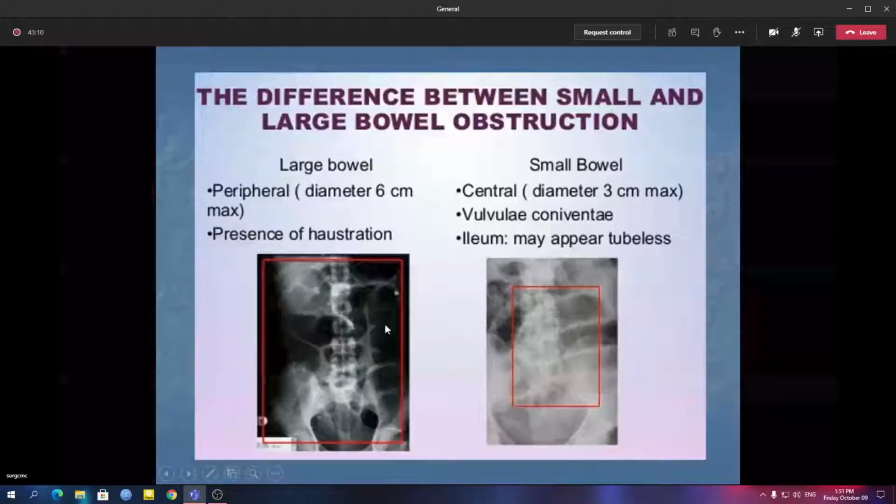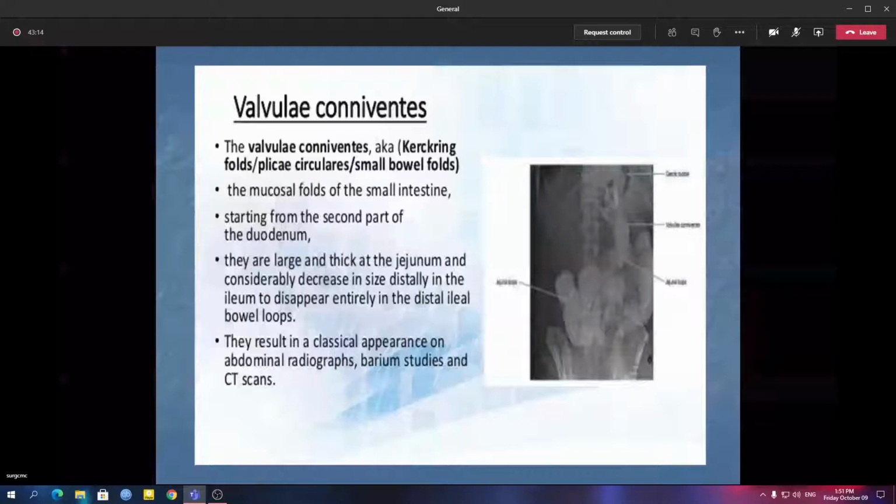See, valvulae conniventes are there in all jejunums, be it a diseased jejunum or a non-diseased jejunum. Only when the jejunum is dilated, free of fluids, full of gas and dilated, do the valvulae conniventes become prominent on X-rays. They are always there. It's there with you, it's there with me as well. But it becomes prominent when X-rays are taken on dilated jejunal loops.